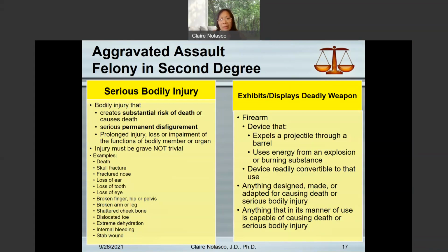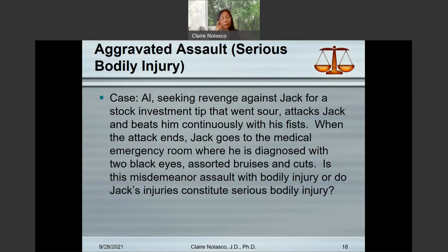Another definition of deadly weapon is anything designed, made, or adapted for causing death or serious bodily injury. Third, anything that in its manner of use is capable of causing death or serious bodily injury. So these two situations or conditions elevate the crime from simple assault to aggravated assault.